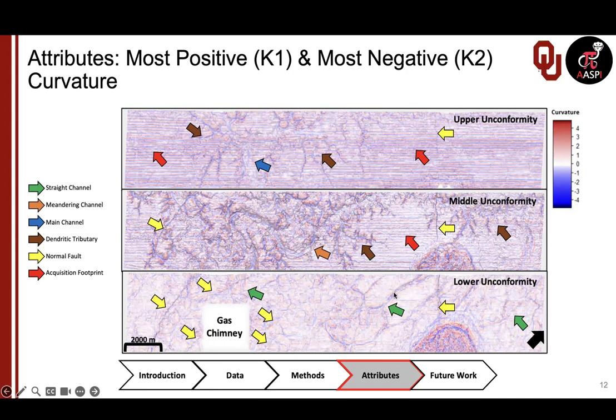And then our positive curvature is highlighting levees, where of course there are levees along the channel margins. So it's very good for these fluvial features, and it also is highlighting these faults very well. You can see in here this fault, this fault, this fault.